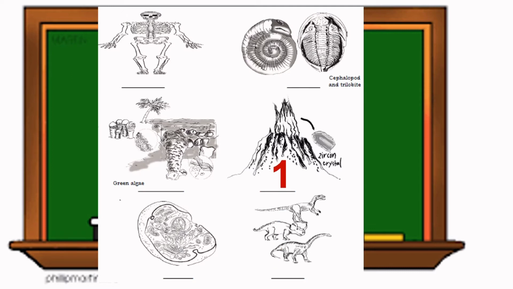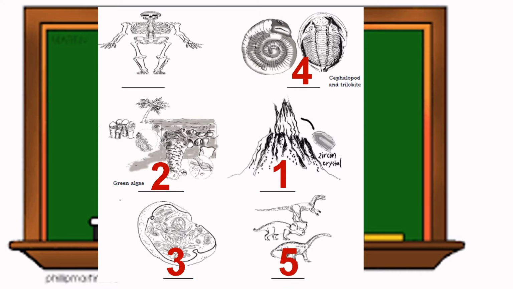First is the picture of a volcanic eruption, which formed the zircon crystals. Can you guess the next one? The second one is the appearance of the green algae. The third one is the appearance of eukaryotes. The fourth one is the picture with cephalopod and trilobite.